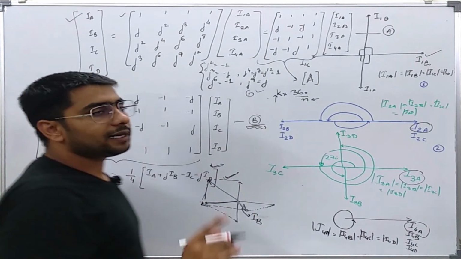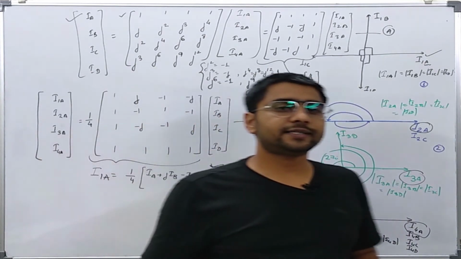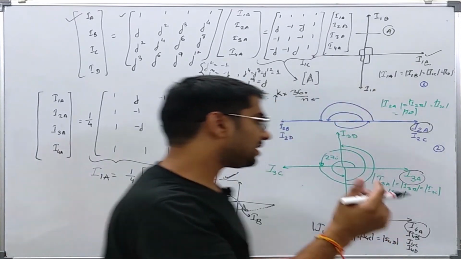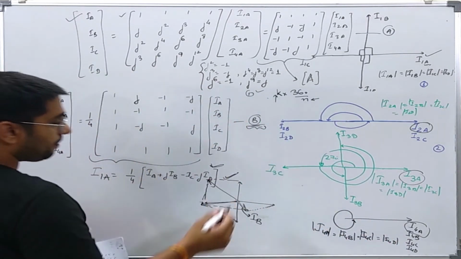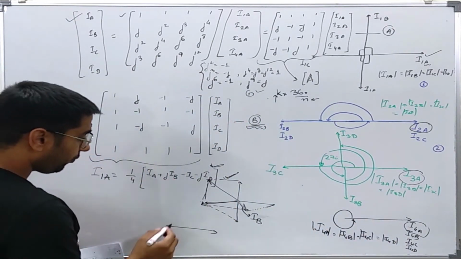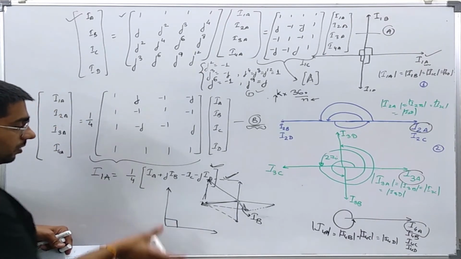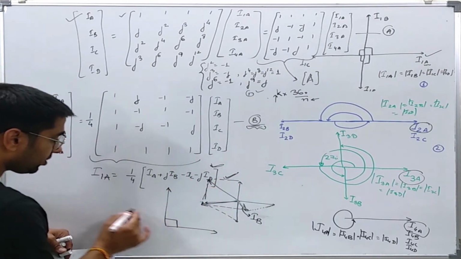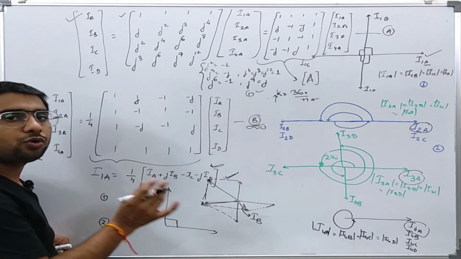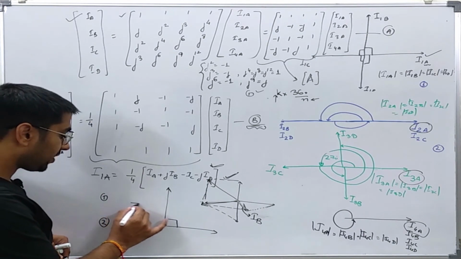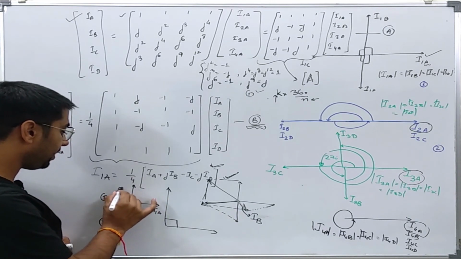Okay, but as I already told in the beginning of this lecture, this thumb rule is not applicable for a two-phase system. For a two-phase system, as we have already seen in the beginning of this course, it comprises two phasors having a 90-degree phase difference. Okay, so this two-phase system will have two sets, set 1 and set 2, and each set will have two phasors, that is, I1a and I1b.